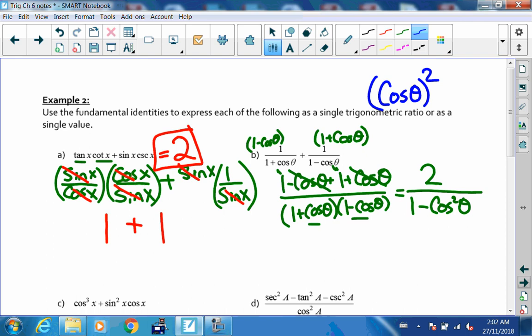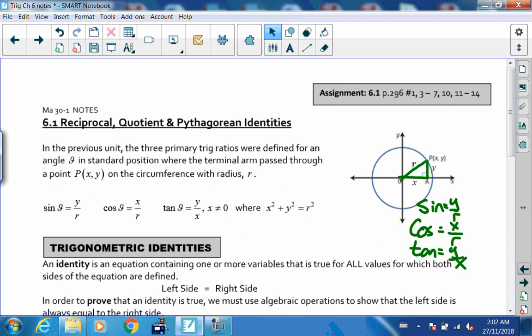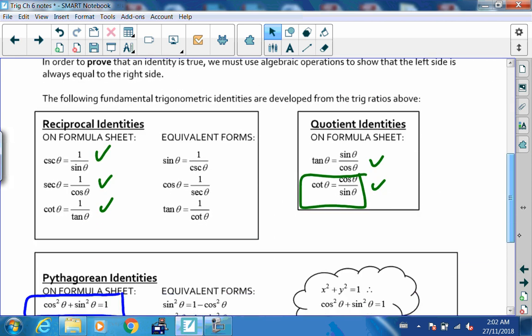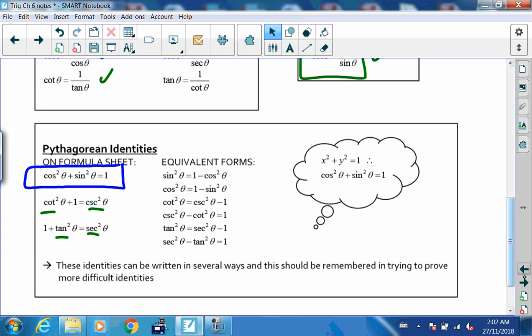So now 1 minus cos squared. Whenever we see that, that should excite you. You should be like, oh, thank the Lord, hallelujah, I'm at a place that I know where to get to. I've been here before. I understand the 1 minus cos squared theta. So coming back to here, 1 minus cos squared theta is one of our different ways of writing this.